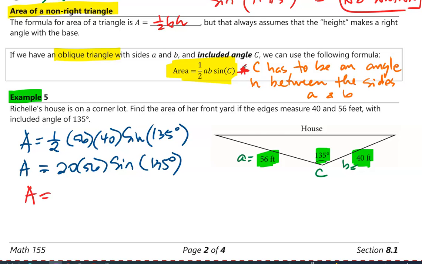And use your calculator, you should be able to get 791.96 square feet.